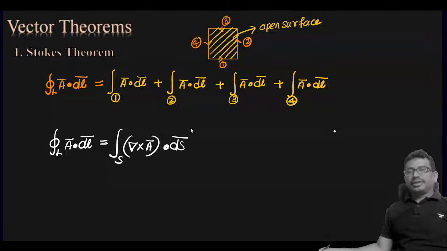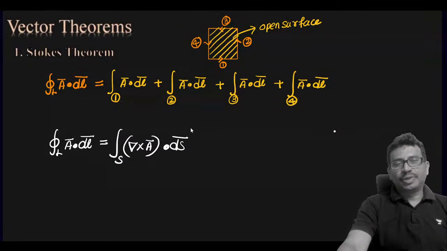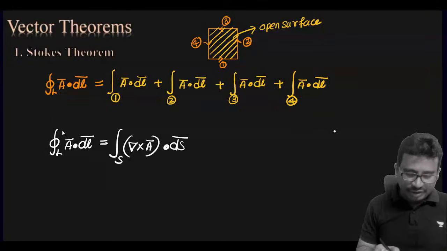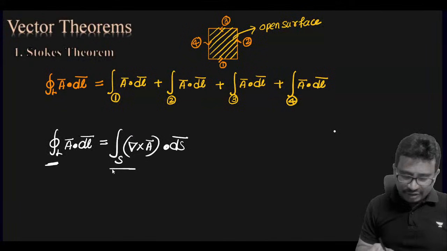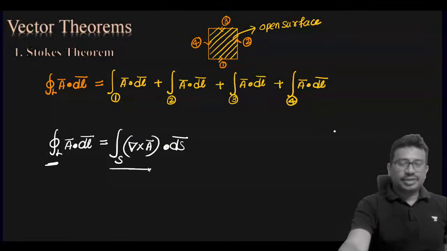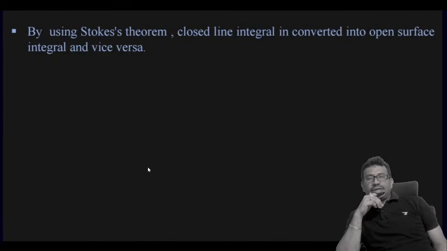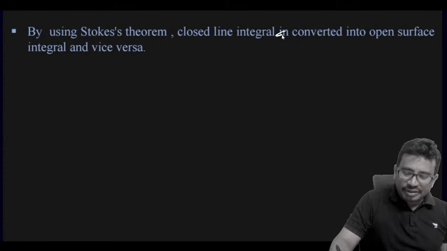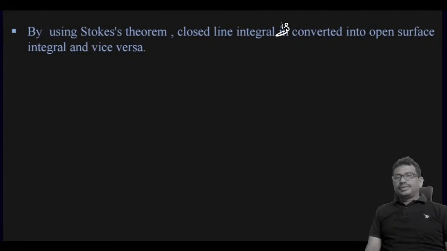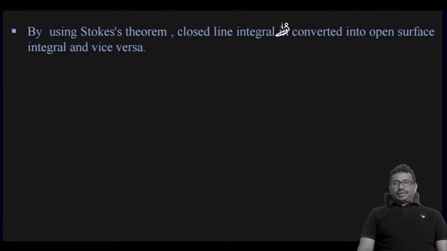This is the way we can do it. So by using Stokes theorem, the closed line integral is converted into a single open surface integral, isn't it? This is the Stokes theorem. By using Stokes theorem, a closed line integral is converted into an open surface integral and vice versa.